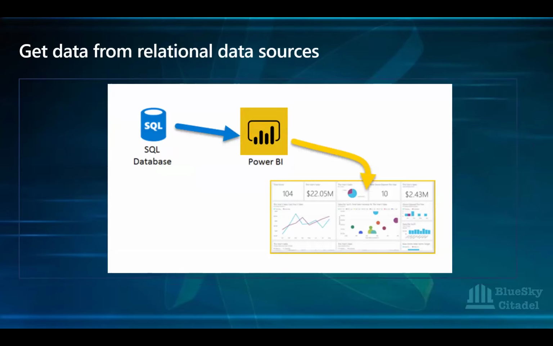So, get data from a relational database. You can get data from a relational database, such as a SQL database. If your organization uses a relational database to record transactions, you can use Power BI Desktop to establish a connection to your organization's relational database or Oracle. I can use Power BI to connect to them.